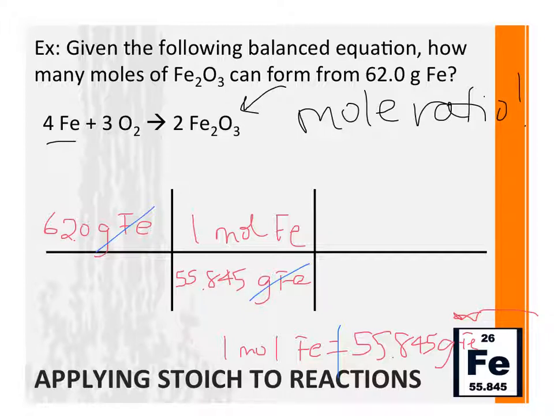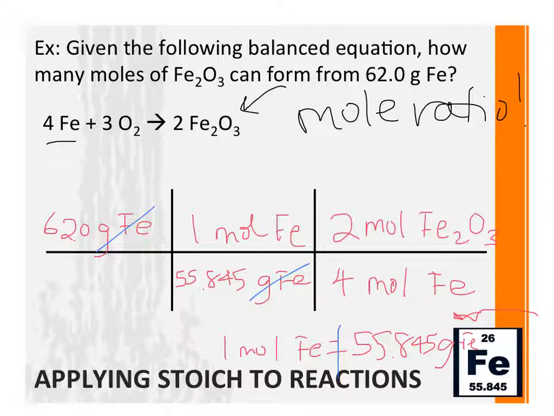So if you remember from last time, the way that we calculated or found the mole ratio was by looking at the balanced equation. So for every 4 moles of iron, and again I'm going to put that in the bottom so that moles of iron cancels out, I have the potential to form 2 moles of iron 3 oxide.